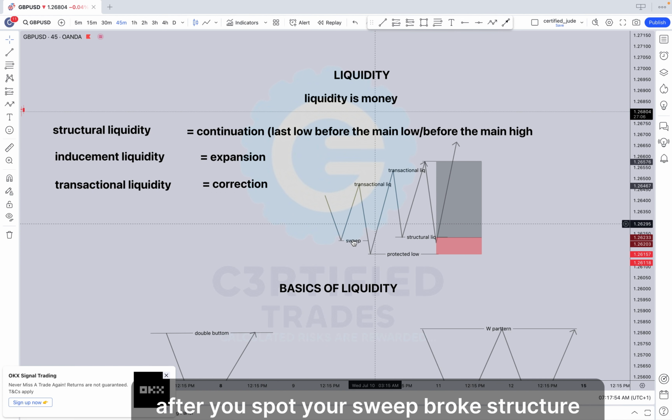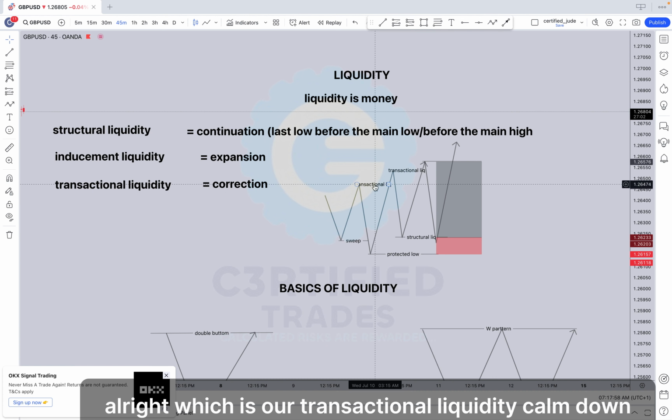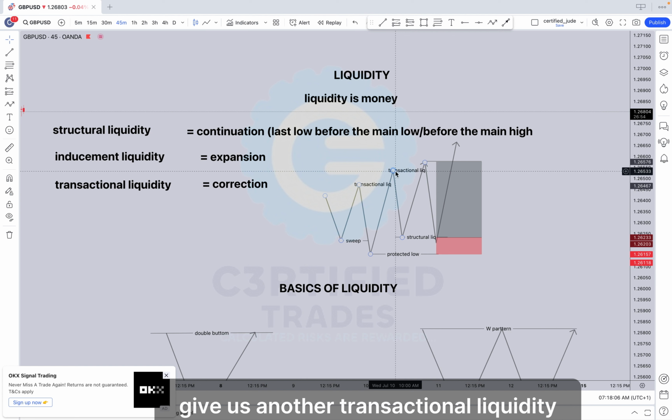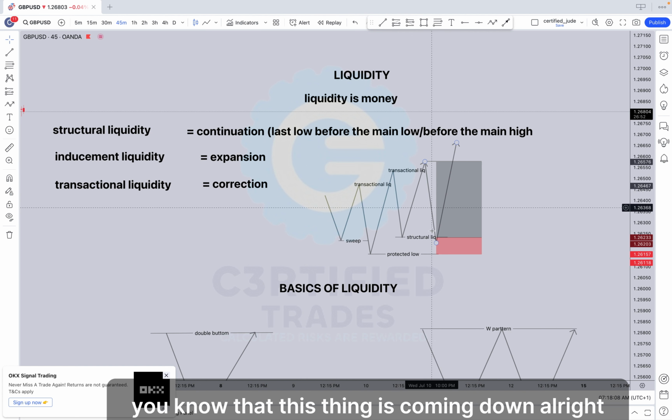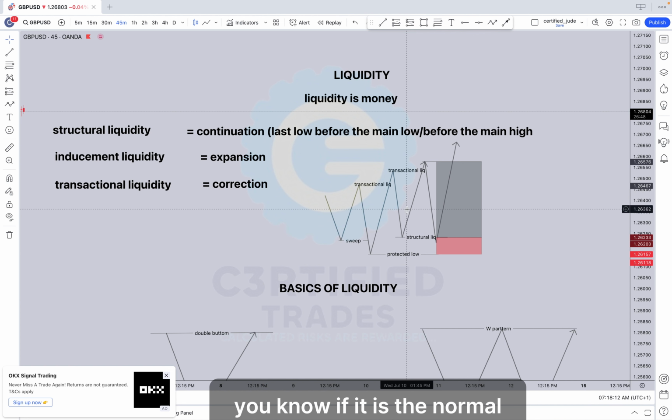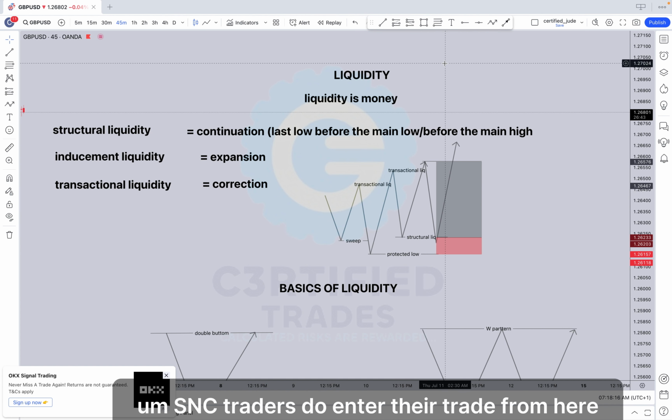After you spot your sweep, broke structure, which is our transactional liquidity, come down, give us a structural liquidity, goes up, give us another transactional liquidity, you know that this thing is coming down. If it is the normal market SMC traders, they will enter their trade from here.